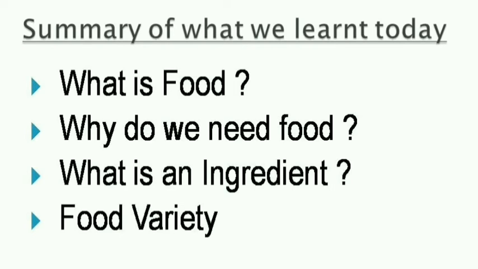It can be few or many in number. Lastly, food variety, which is needed for a change and for the nutrients to keep a person healthy. Food variety can be seen throughout India and the world over.